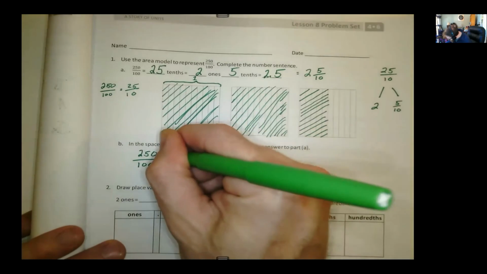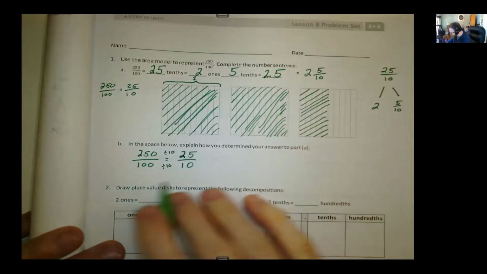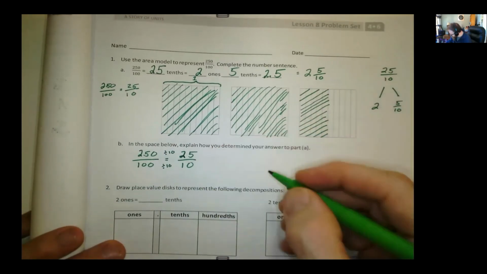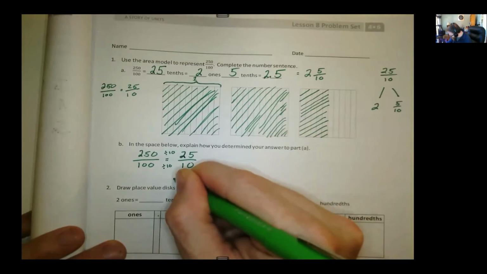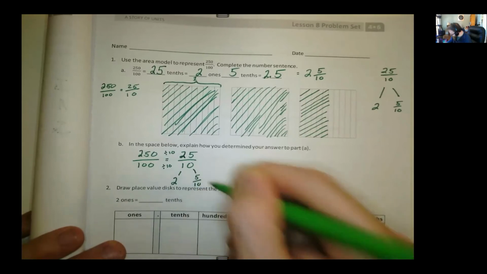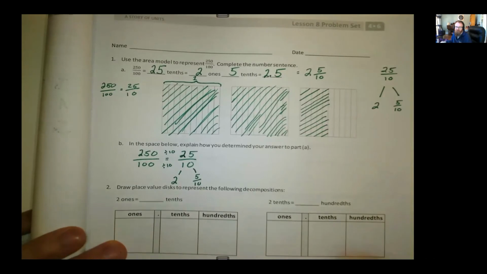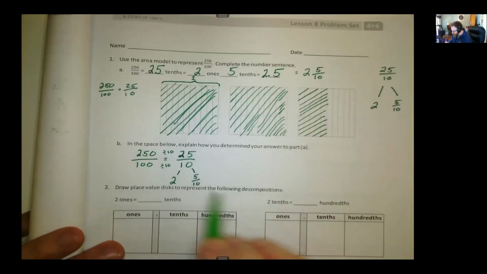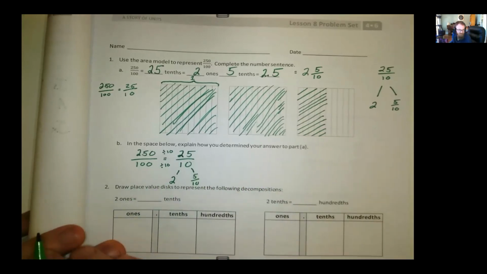Divided by 10, divided by 10. 25 tenths, as we separated out in our number bond, can be separated into 2 and 5 tenths. If you can draw me that information with numbers, then I'll know that you understand that concept. So when it says explain how you determined your answer, show me your thinking with a math sentence.